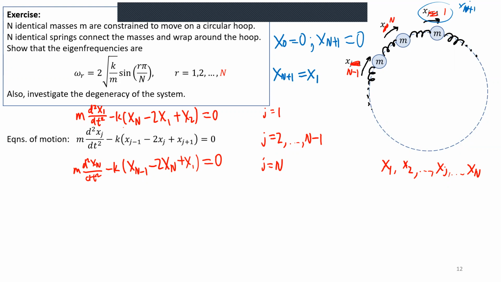But physically, this must be just x1. So therefore, this is the condition that we are going to use. This is the thing that actually represents the fact that n masses are put on a circular hoop.